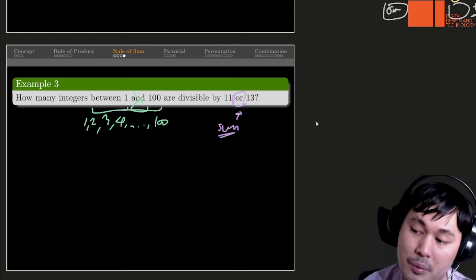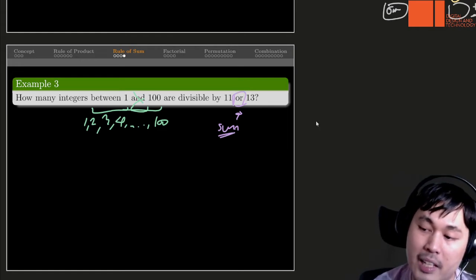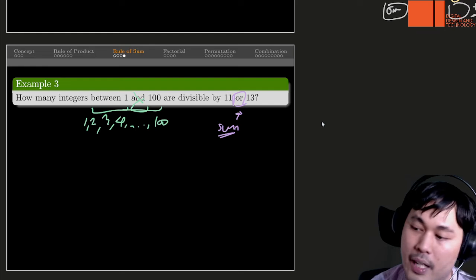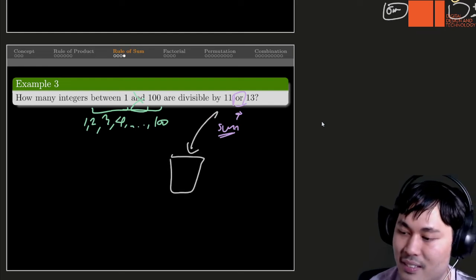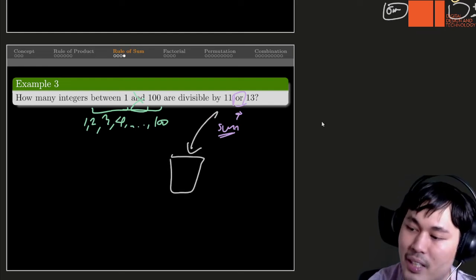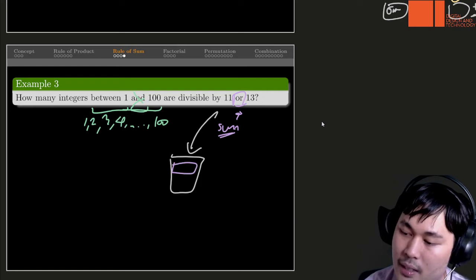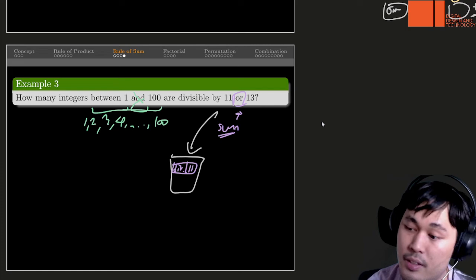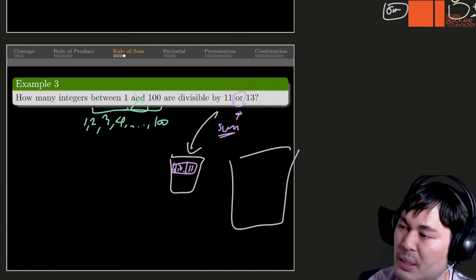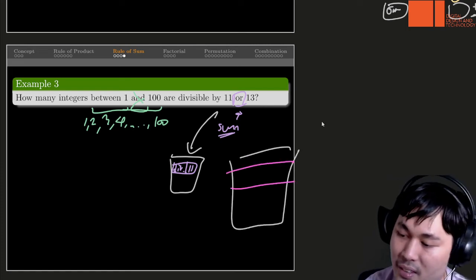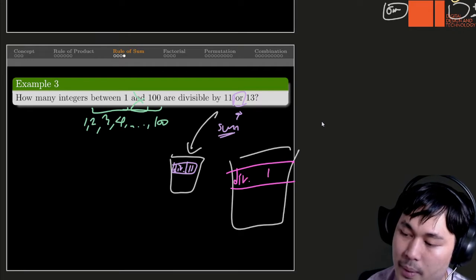But before that, we have to make sure that these numbers are different. If you think about them as baskets, there's a basket that has a label: all these numbers are divisible by 11, and then you have another basket that says all the numbers are divisible by 13.